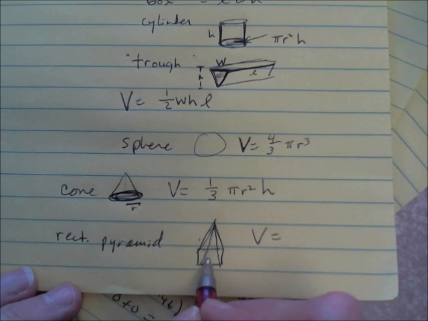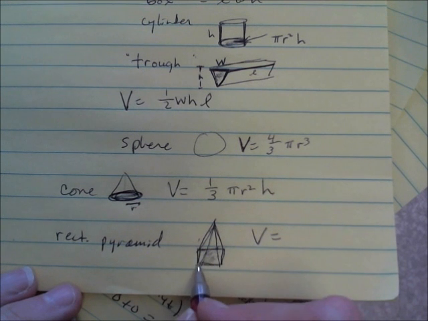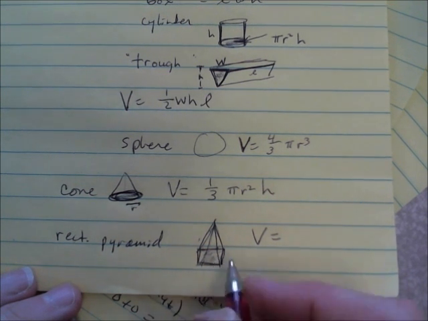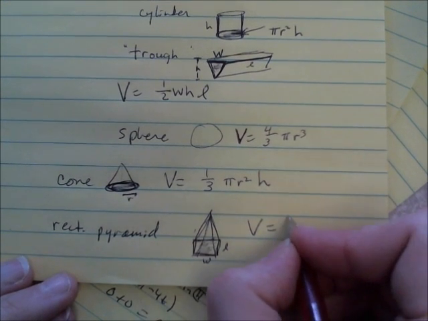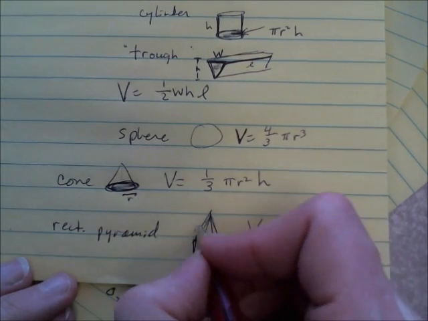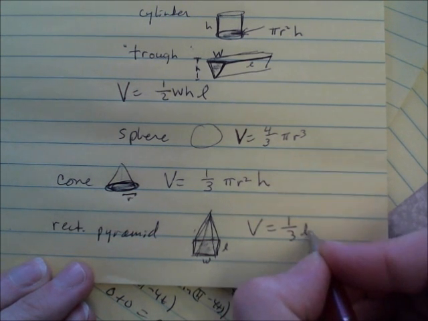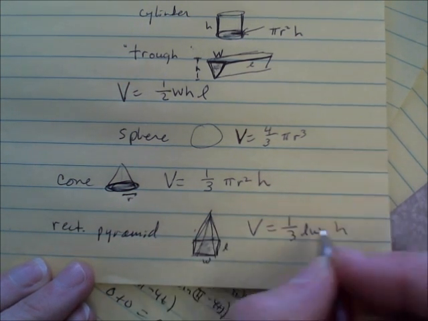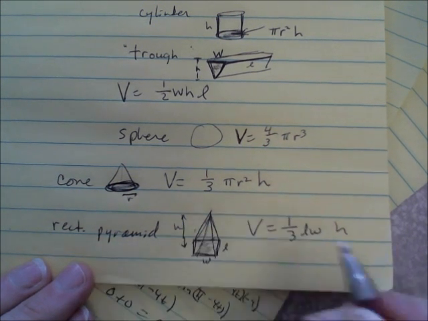You find out what the area of this base is. If it's a square, it's just side squared, or if it's a rectangle, it's length times width. I'll call this length times width. So the volume of this would be, again, 1/3, just like the cone, because this is kind of coming in here. 1/3 times length times width times the height. And this has a particular height from bottom to top.